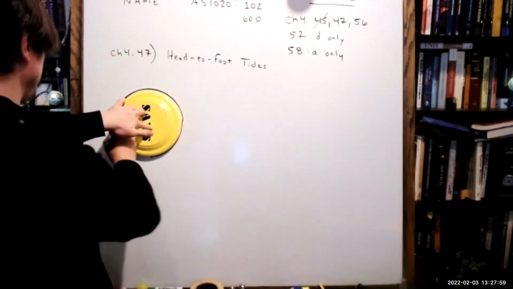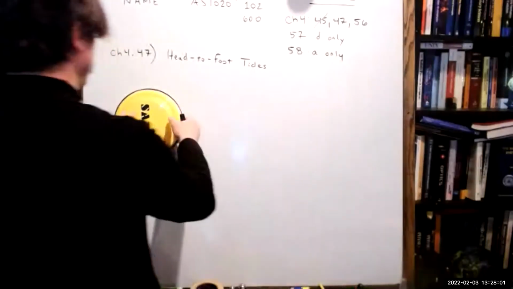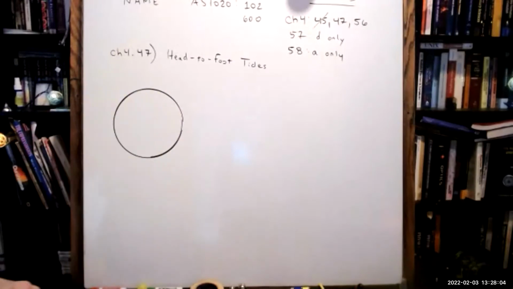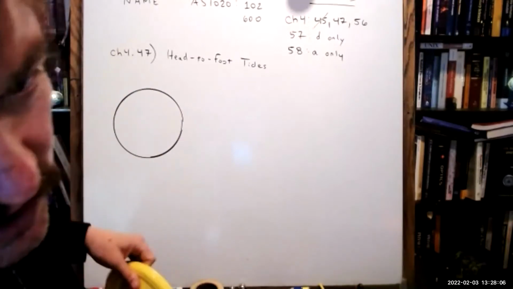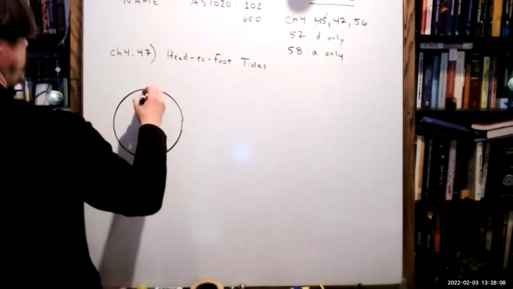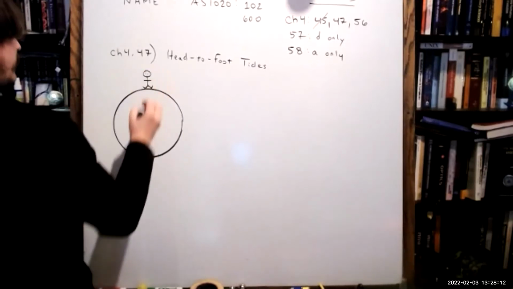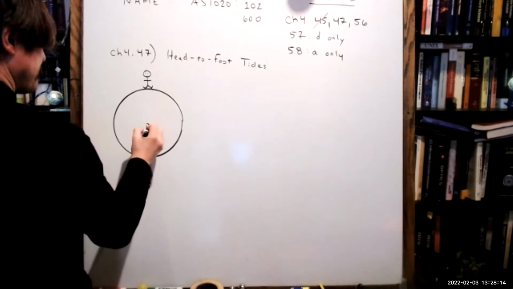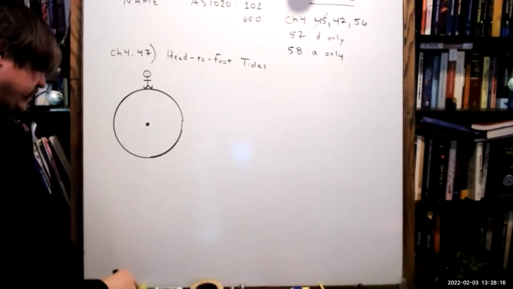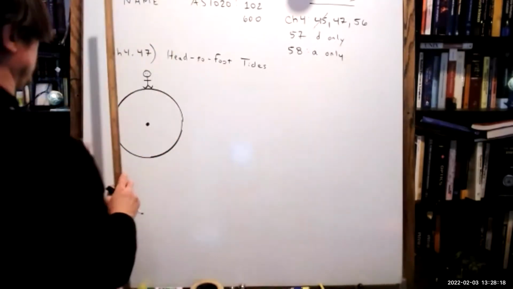So this is not about the moon in any way. This is about the gravity of Earth. Draw a medium to large size circle. Put a person standing on the top of Earth. And then draw in the radius of Earth like so.